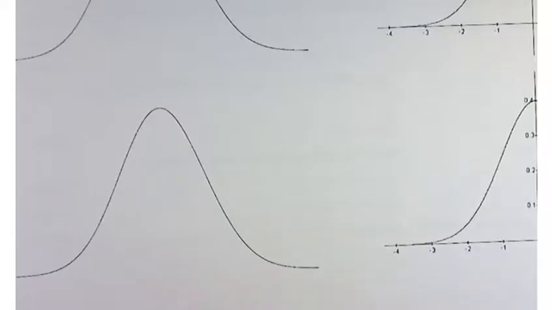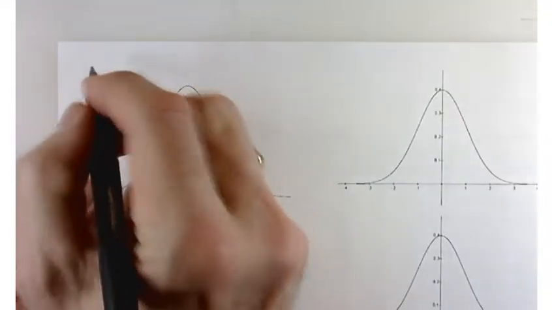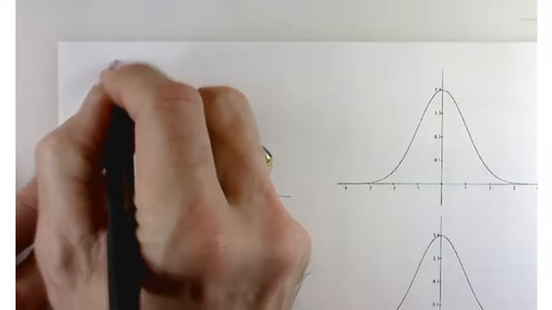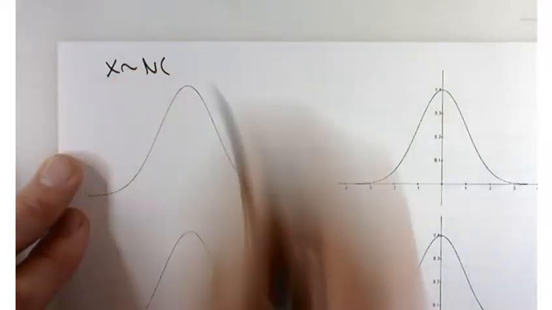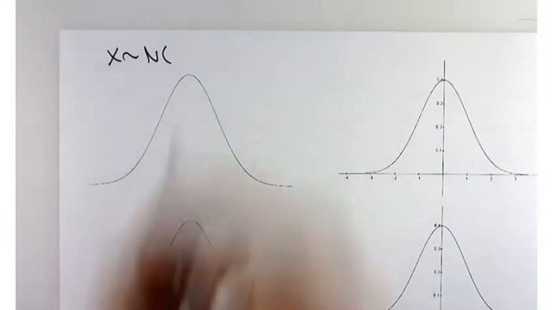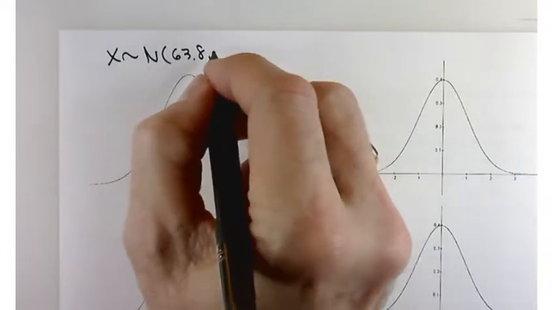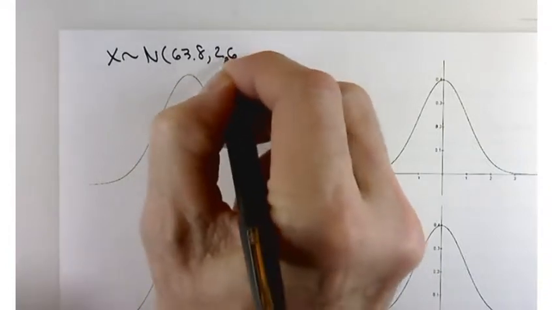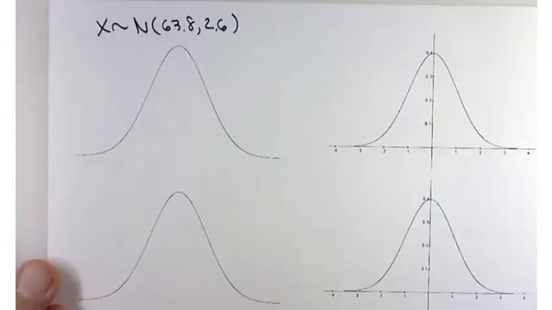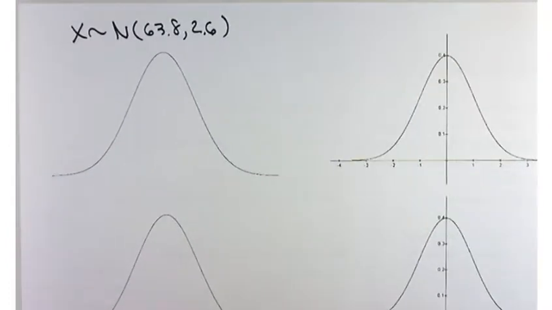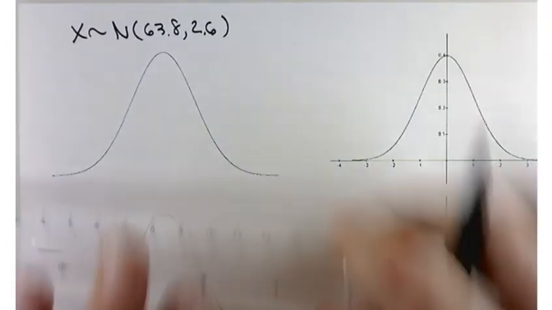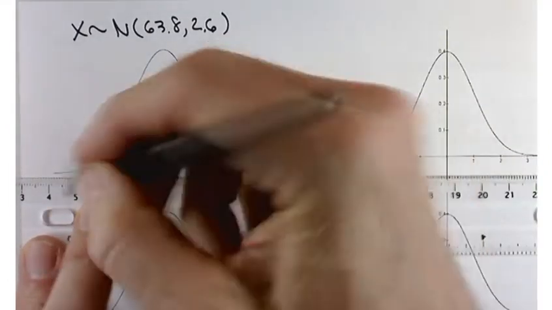Let's go to the back side of our handout. So the heights of women are normally distributed with a mean of 63.8 and a standard deviation of 2.6. So let's sketch that in a little bit.